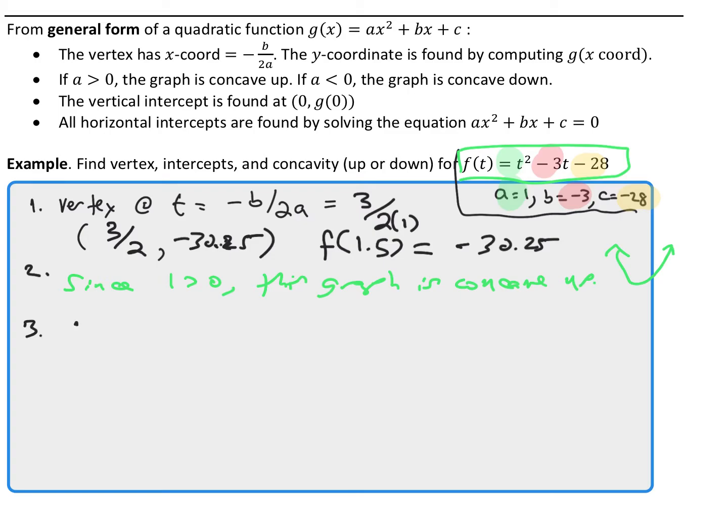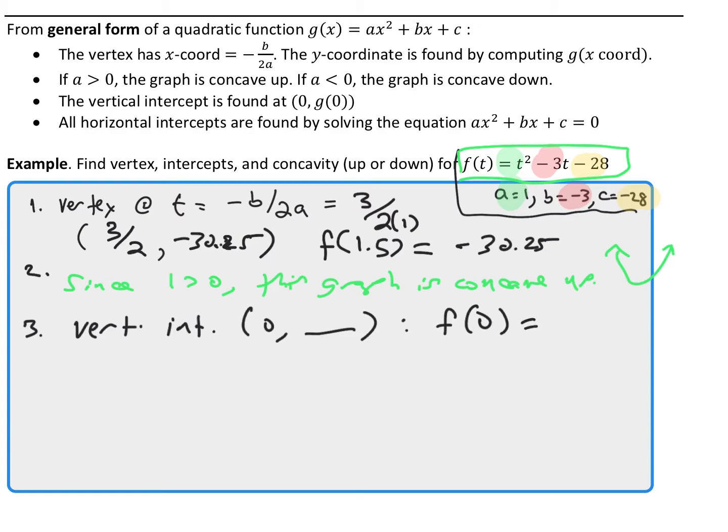The vertical intercept always has equation 0 blank, meaning the input is 0 and we need to find the output. Anytime we're given the input and need to find the output, we're just evaluating. Exactly the same way here, we found the input was 1.5, and so we plugged that into our function to get the output.